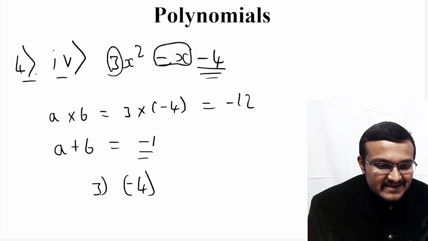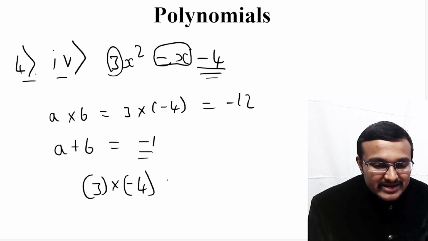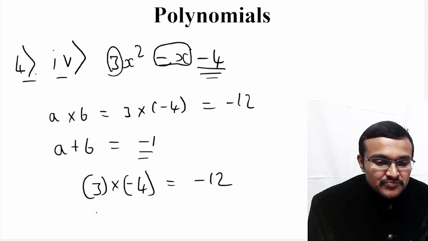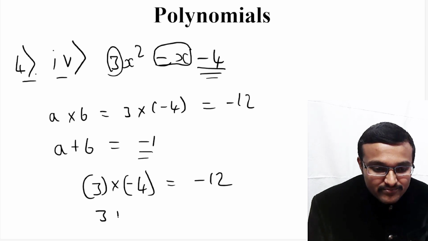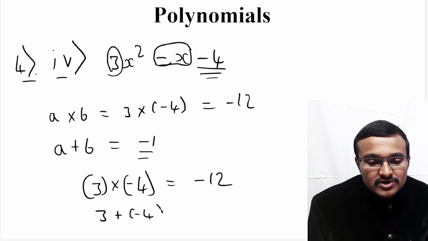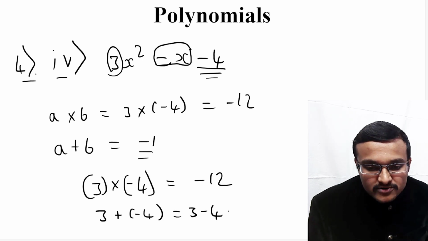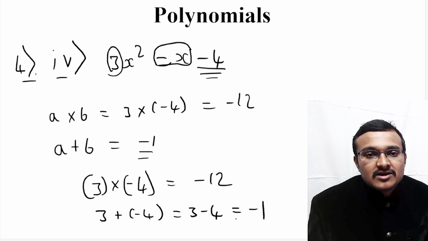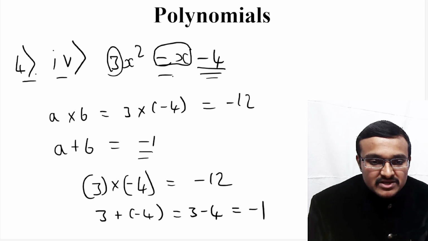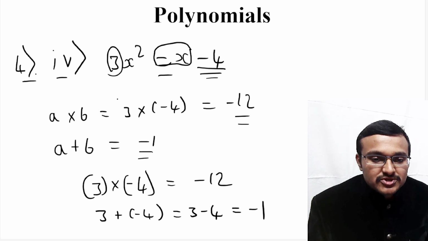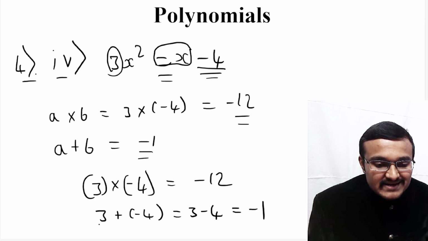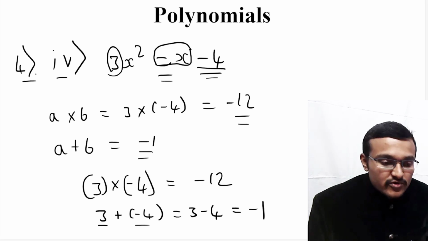Because 3 into minus 4 gives you minus 12, and 3 plus minus 4, that is 3 minus 4, gives you minus 1. So you are getting minus 1 and minus 12 both. That means this minus x you can write as plus 3x and minus 4x.